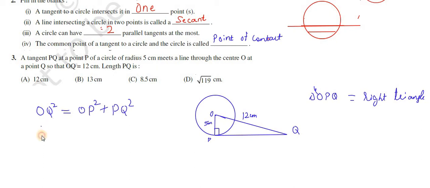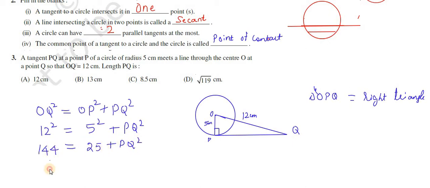So here OQ square is 12 square, which is equal to OP square, 5 square, plus PQ square. What is 12 square? 12 into 12 is 144, which is equal to 25 plus PQ square.